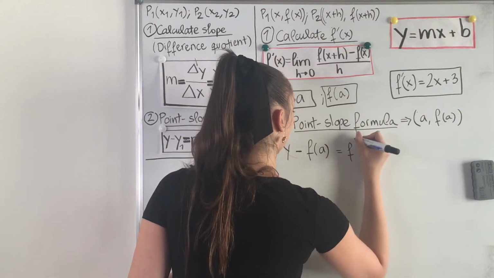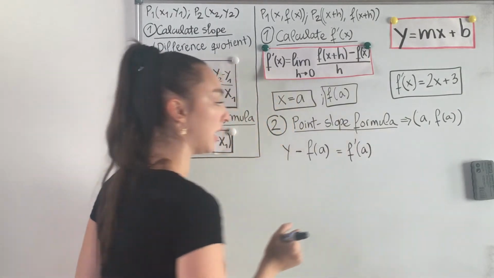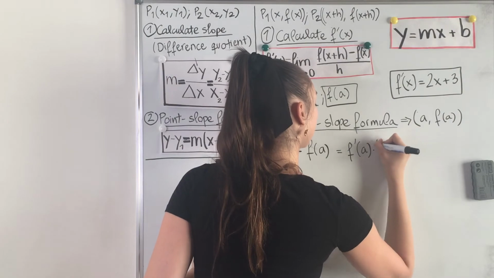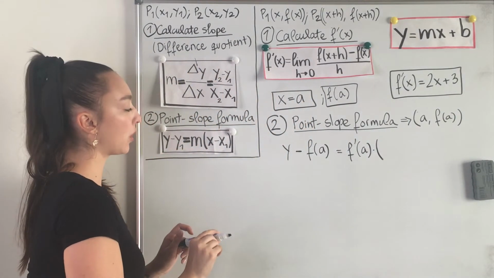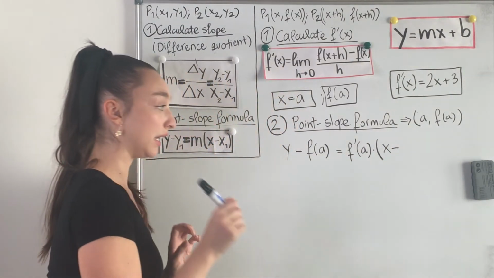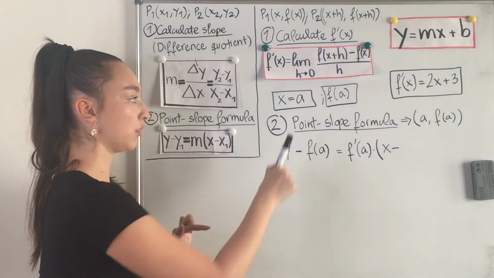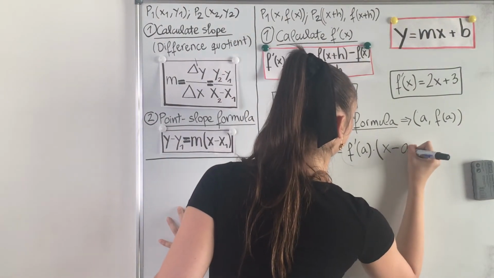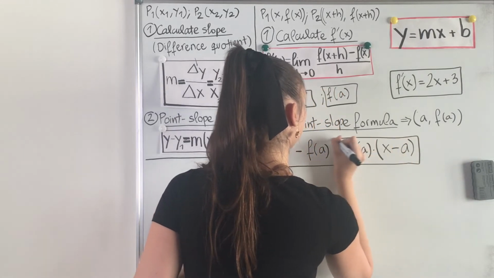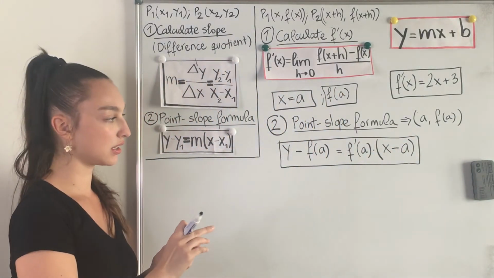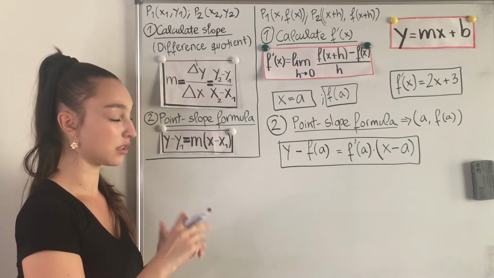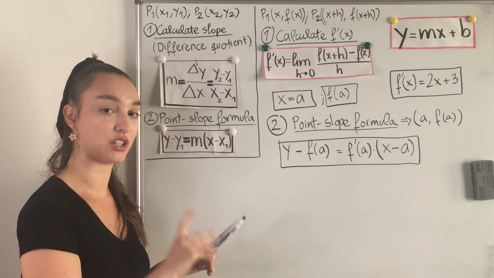So it's going to be the derivative at a, and then we're going to multiply by x minus the x coordinate of our point, which is a. So that's it. This is the equation that we're going to use to calculate the entire general equation of our tangent line in a specific point.